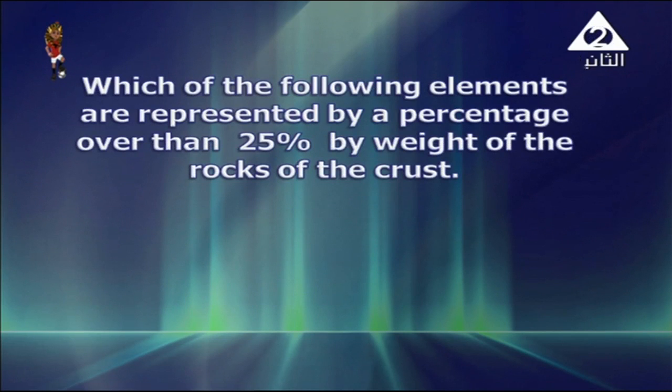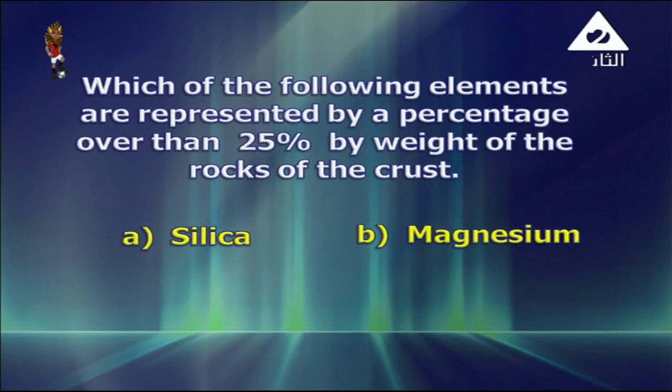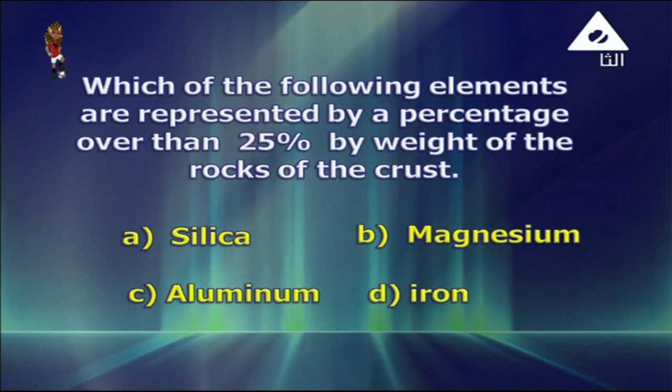Which of the following elements are represented by a percentage of over 25% by weight of the rocks of the crust? One element of these four elements: silica, magnesium, aluminum, or iron. It is silica.